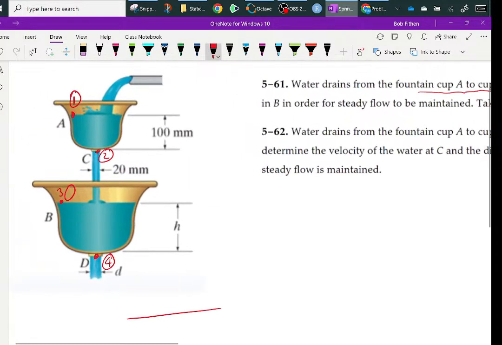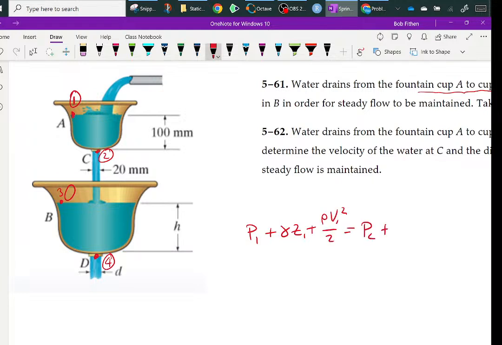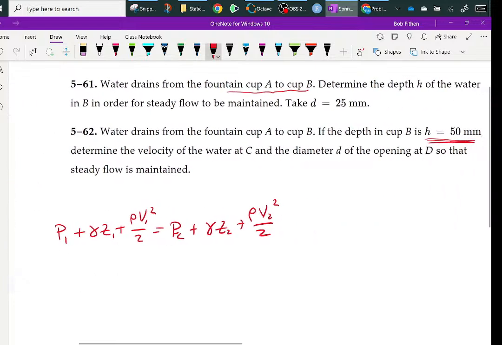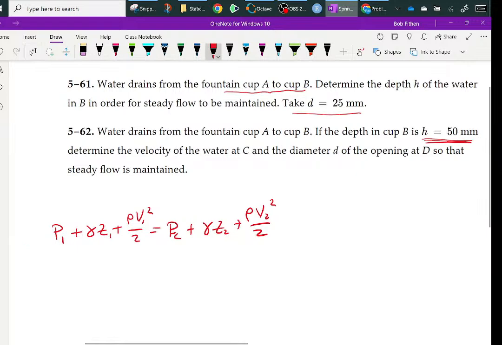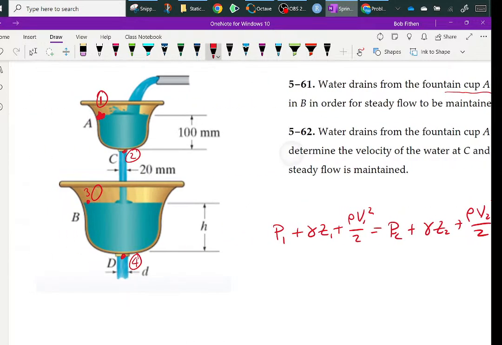So let's write between 1 and 2. P1 plus gamma Z1 plus rho V1 squared over 2 is equal to P2 plus gamma Z2 plus rho V2 squared over 2. The water sitting right here isn't doing anything. Okay, wait a minute. So he says take D to be 0.25. Where's D?